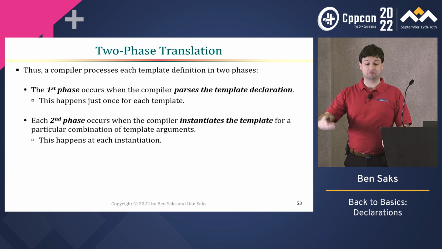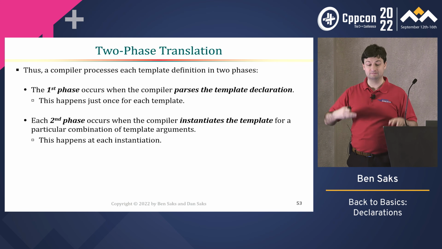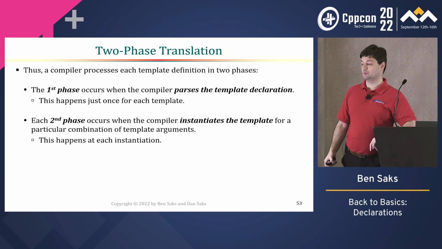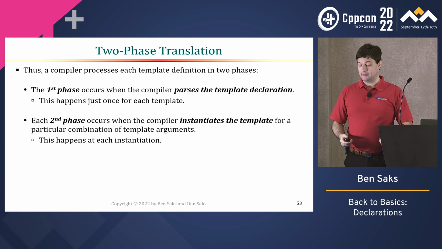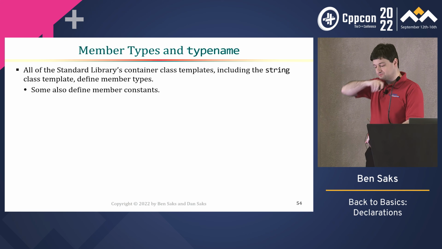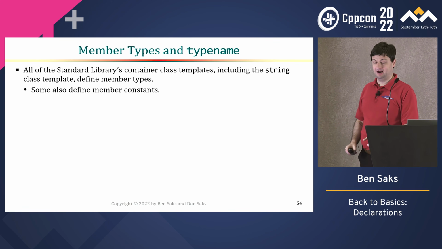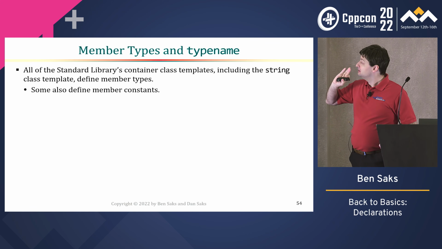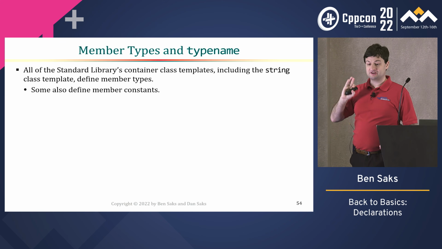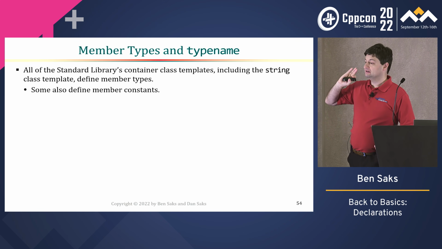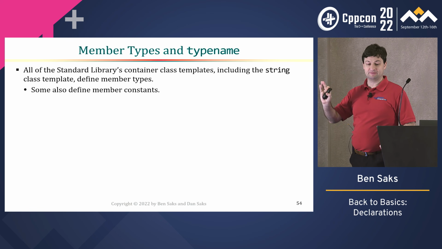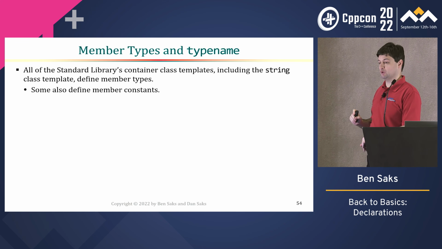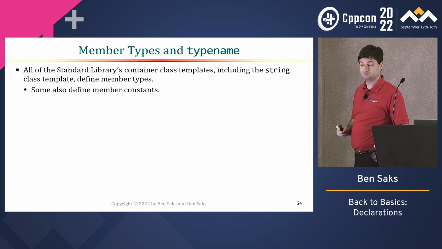And that can happen several times, because in the program we can have several different places where we instantiate the template. So understanding that two-phase translation approach is the basis for why the keyword typename is required in some places in C++.